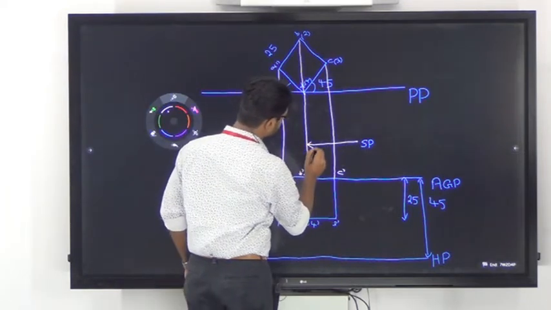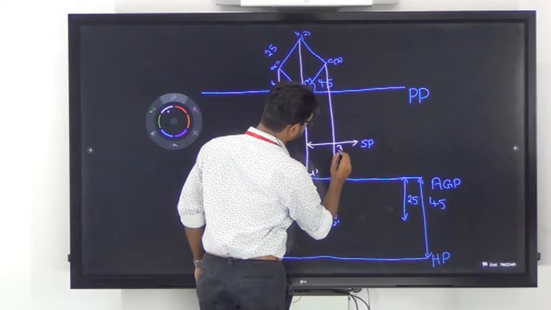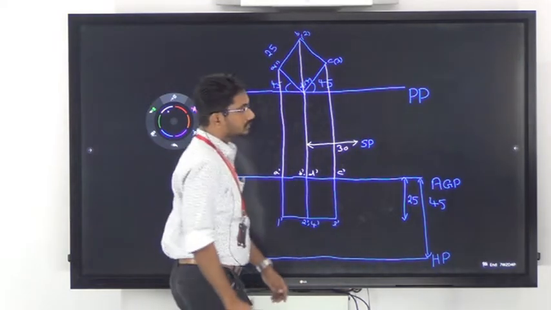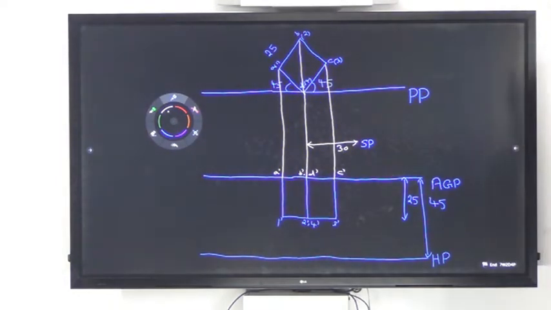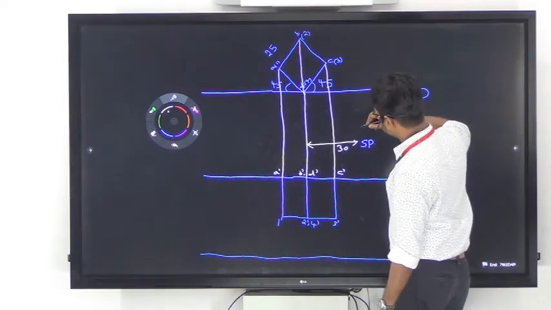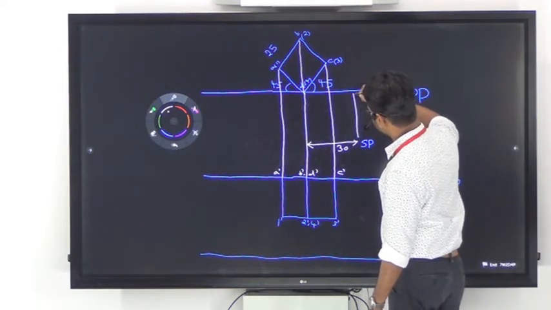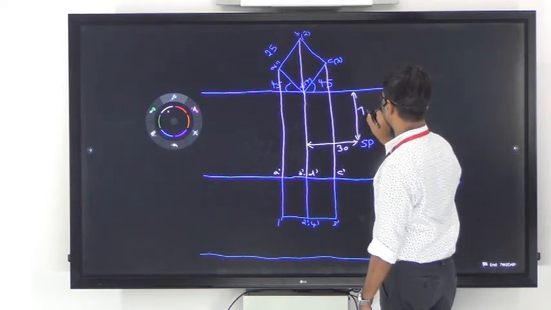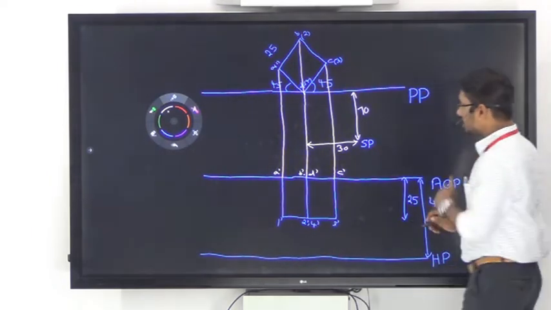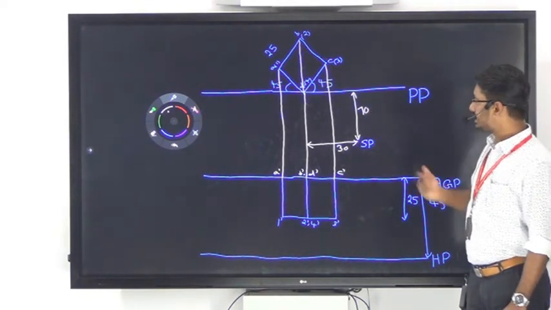So this distance is equal to 30 mm and it is 70 mm in front of the picture plane. So this distance is equal to 70 mm. So we have completed the top view of the station point.